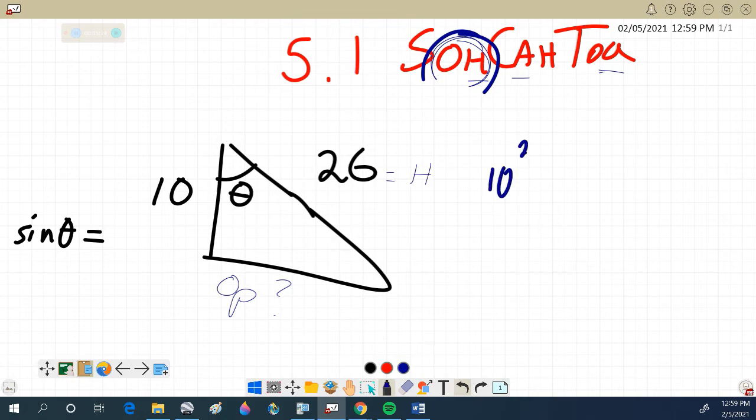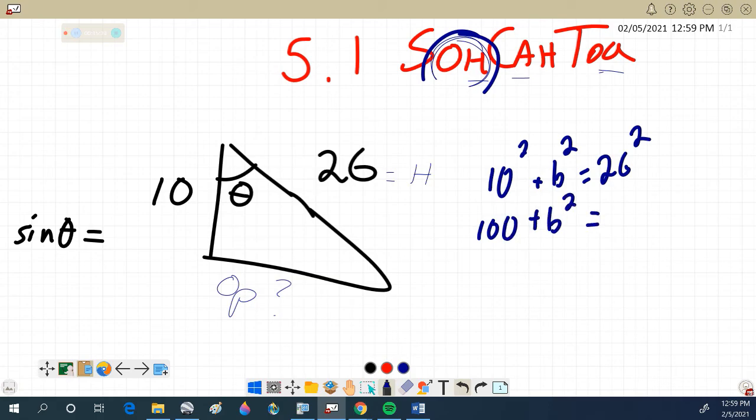10 squared plus b squared equals 26 squared. So we get 100 plus b squared. What is that? 676.